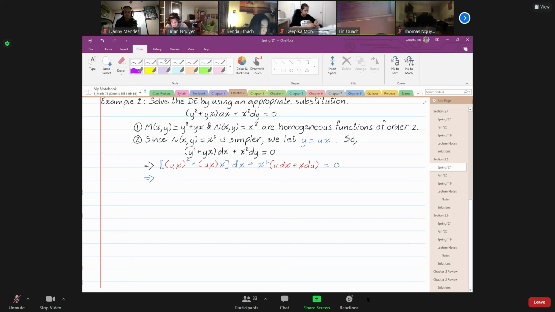Right. So now you can just multiply out. What you have is u squared x squared dx plus ux squared dx. And then over here, you get x squared u dx plus x cubed du equals 0. Now we're going to gather all the terms containing dx.